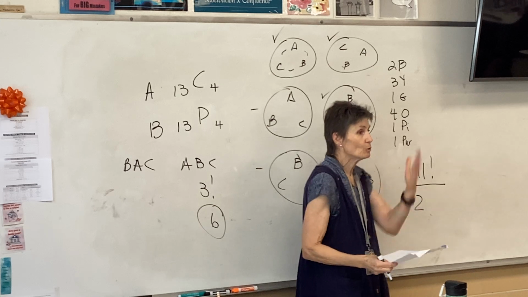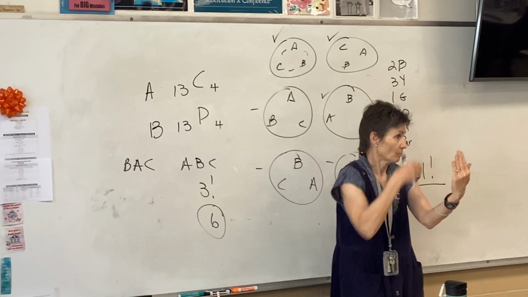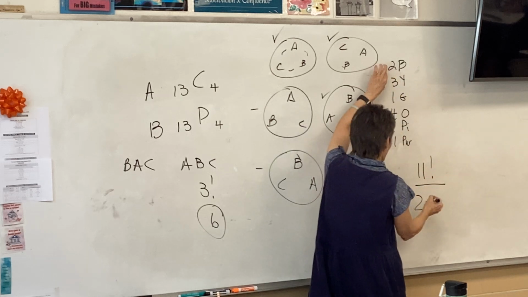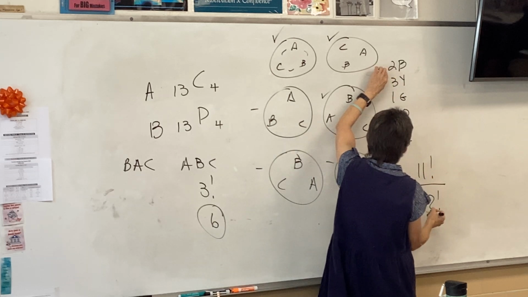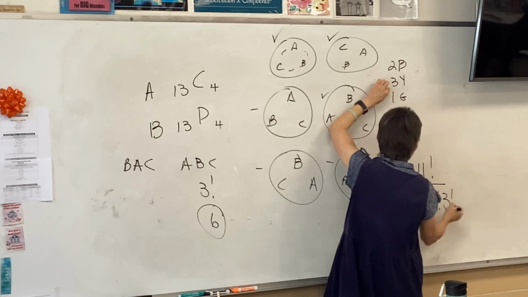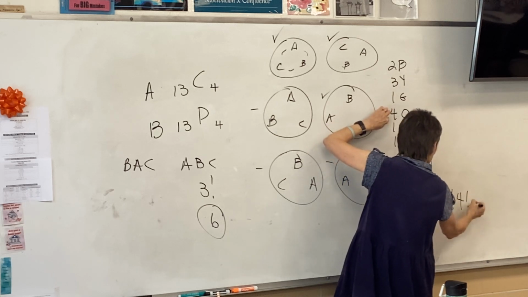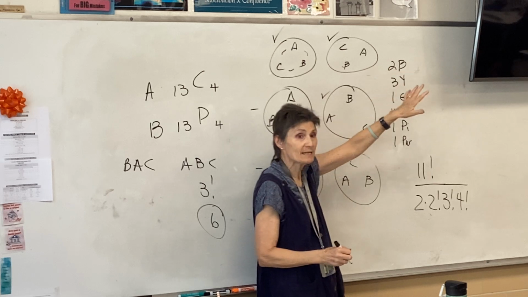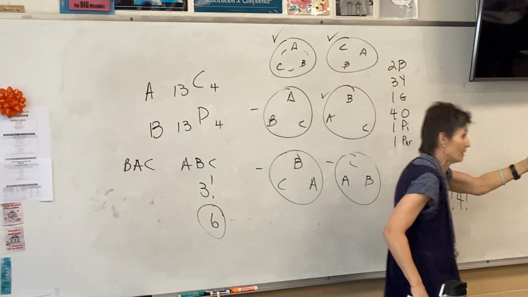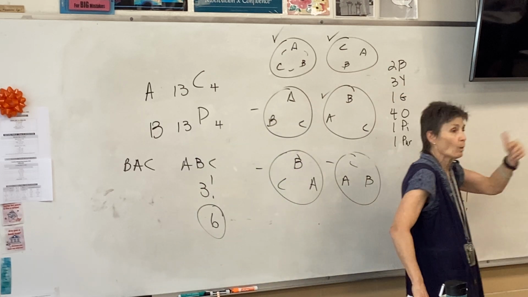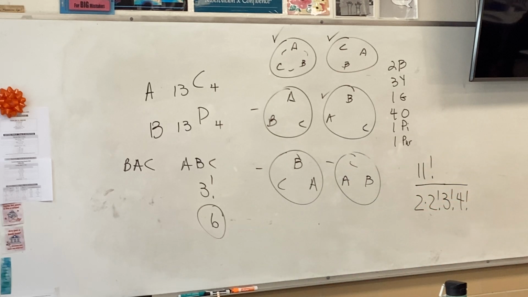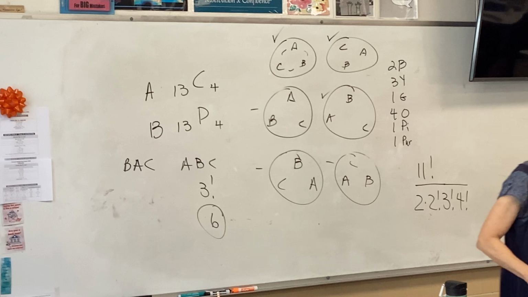Divided by 2 because of the reflections. And then divided by 2 factorial, 3 factorial, 4 factorial. Because having 2 blue beads is like having 2 L's in your word. And what do you do when you have repeated letters? You divide by that factorial.